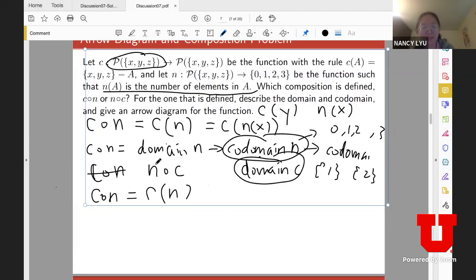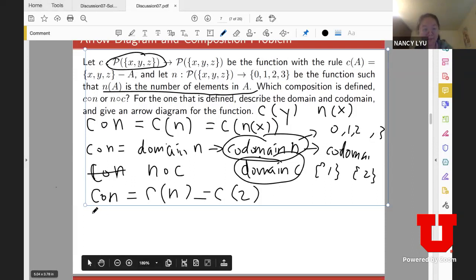So we get that as the input to C, let's say 2. But we know the rule for C has to be from power set to power set, not a single element. That's why it's undefined.